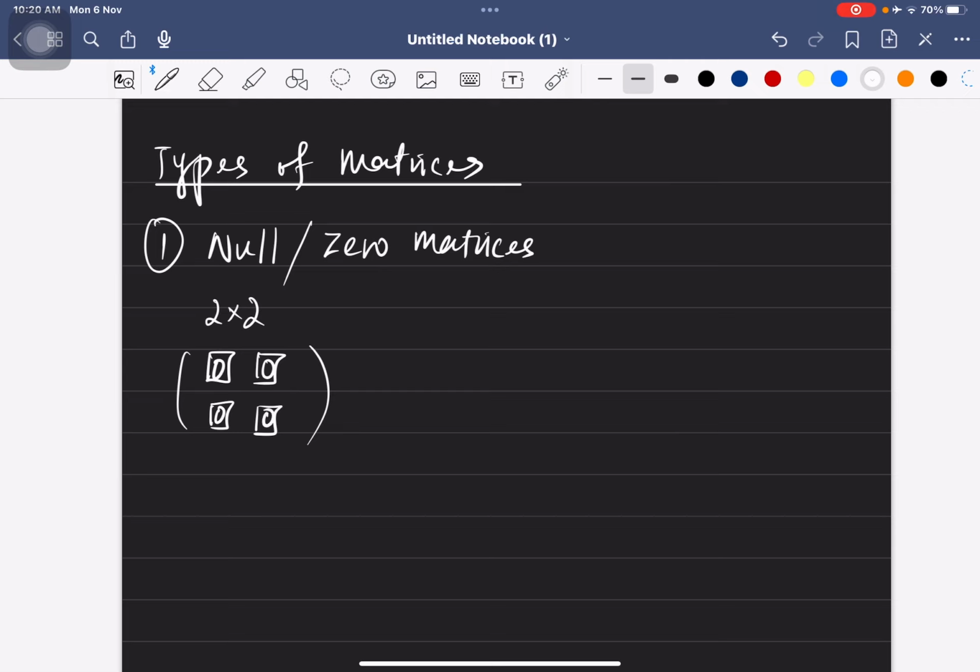So this is what we call a null matrix. If it's a 3 by 3 matrix, then all the rows and columns will fill up with 0. Everything is 0, the whole thing is 0.